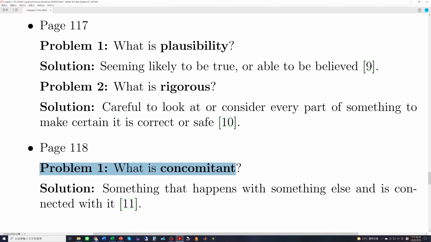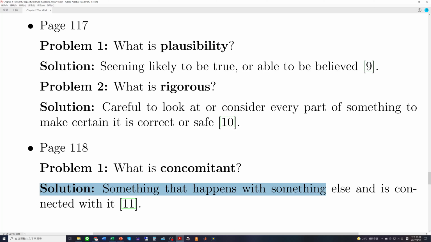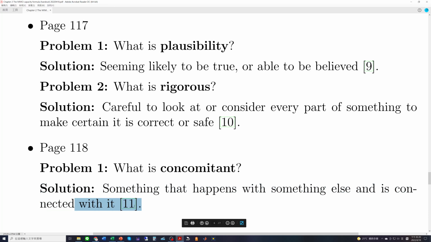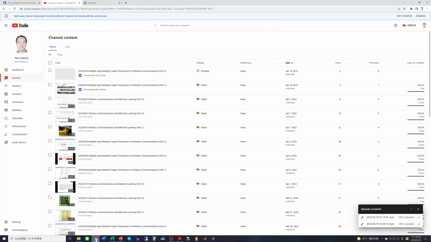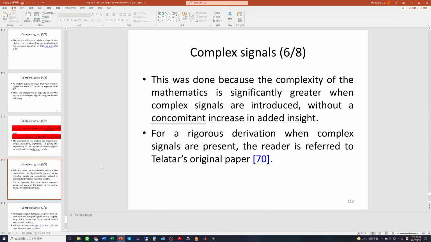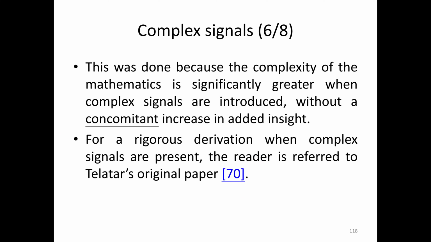What is concomitant? Solution: something that happens with something else and is connected with it. Let us go back to the slides. Without a concomitant increase in added insight.